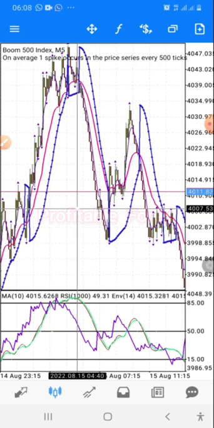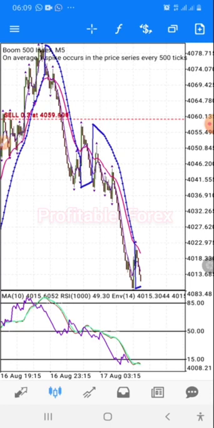So make sure that the envelopes and the Ichimoku, including the moving average, are at the oversold region and it tallies with the angle that is being formed in the main chart. And if it's at the support region, make sure that the Ichimoku and the envelopes are at the oversold region and it tallies with the angle being formed.